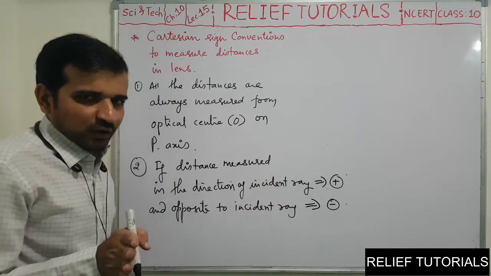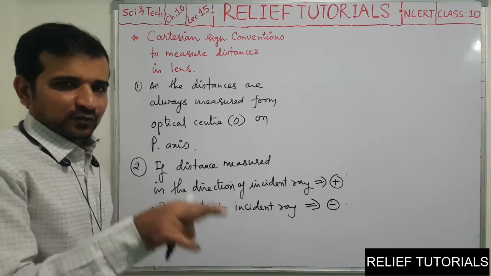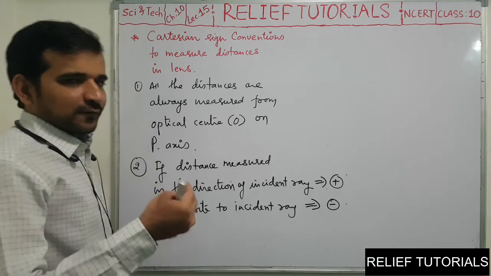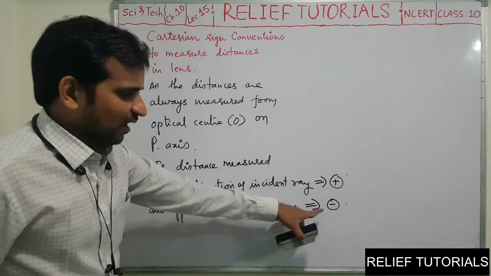So from O, if you are going in the direction of incident ray, those distances are positive, and from O, if you are going opposite to incident ray, those distances are negative.